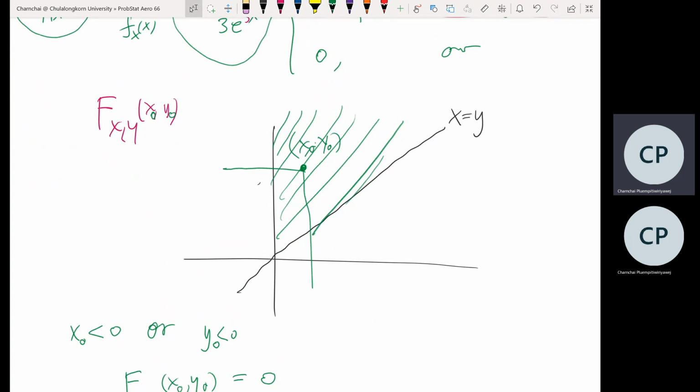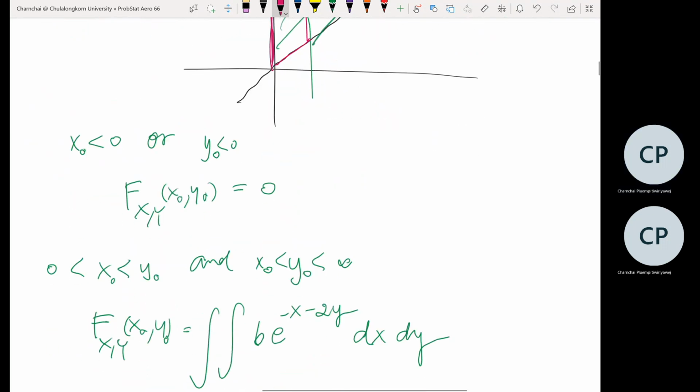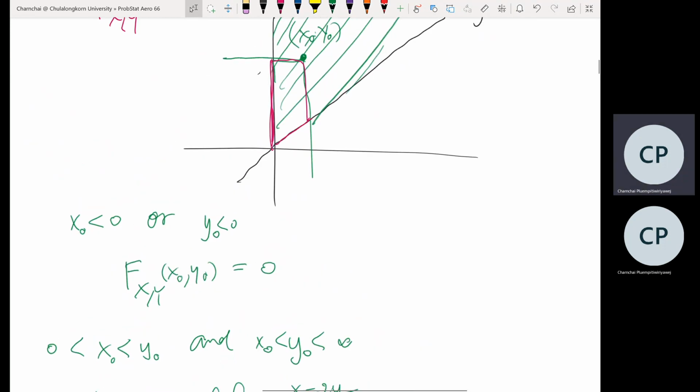If you are to integrate this area, what would you integrate? You have two choices. You could integrate dy first and then dx, or dx first and then dy. If I'm integrating dx first and then dy, I'm going to have to separate into two parts. It's probably easier to integrate dy first.